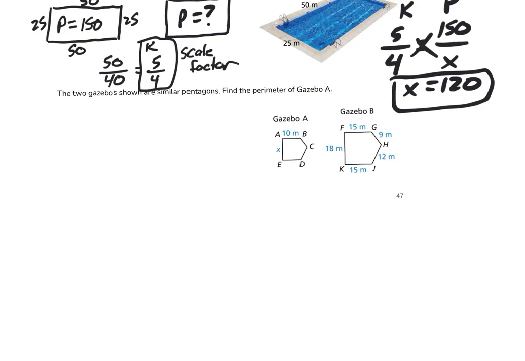Okay, but in order to do that, I have to know the perimeter of one of the two figures. Well, this one I can find the perimeter of, right? Because I know all 5 sides.